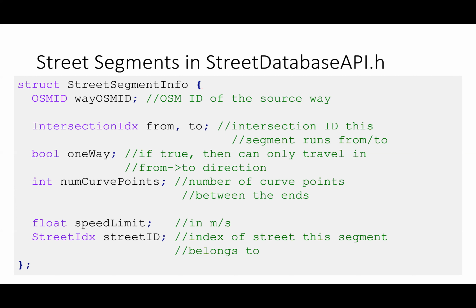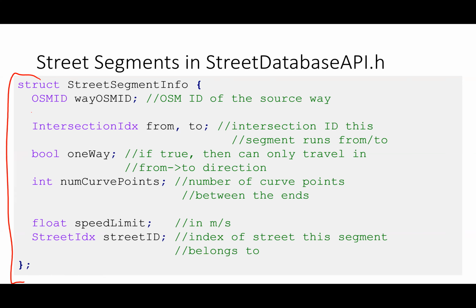What I'm going to show you are some of the relevant things inside this header file. Inside this header file, there's a struct called street segment info. Inside that struct, it gathers together data that you can get for any street segment.